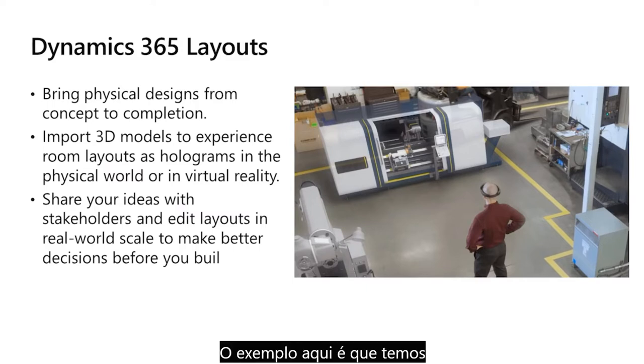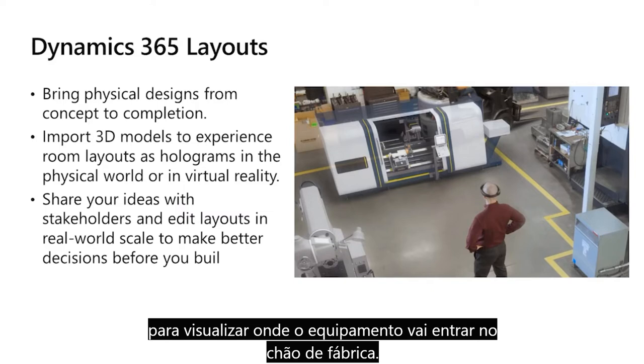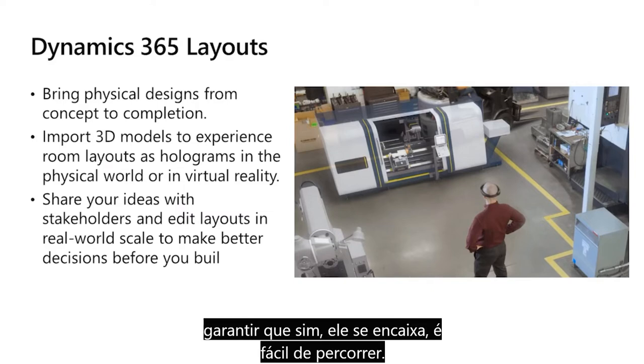The example here is someone using a HoloLens to visualize where the equipment is going to go on the shop floor. They can walk through and make sure that, yep, it fits. It's easy to walk through. How many steps is it to the secondary machine they're going to use?